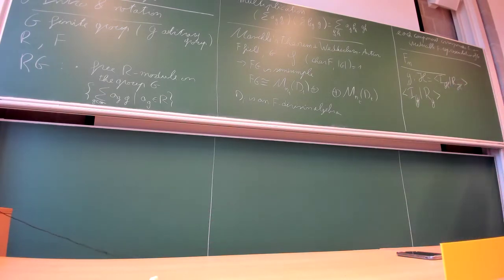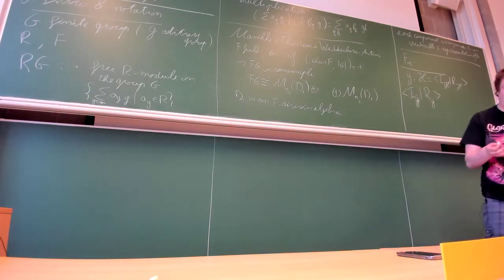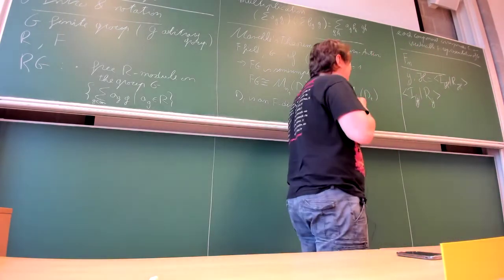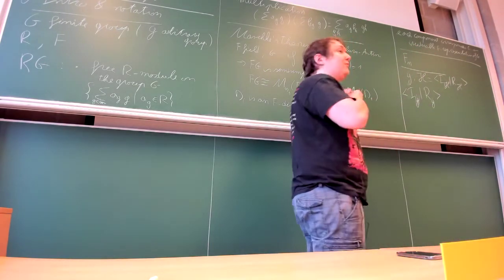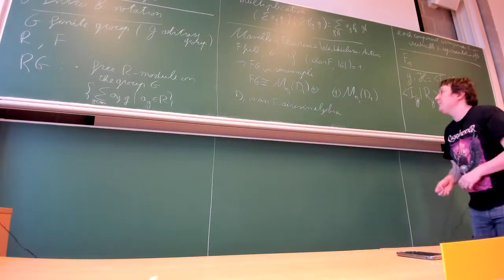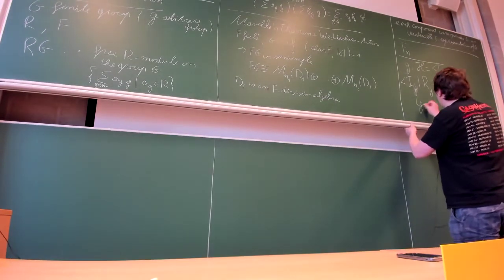Okay, how can we use these two groups, G and H, to create a new group? Well, I think probably in the first bachelors you see that you can make a direct product of two groups. Those have their merit, but I want to talk about the free product of two groups. And it's denoted in this way.